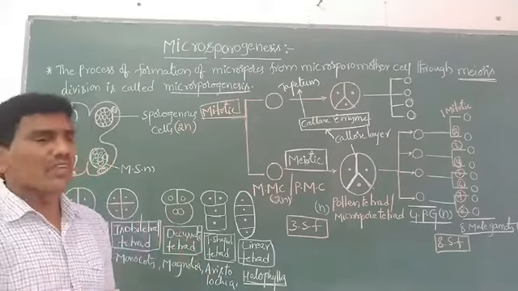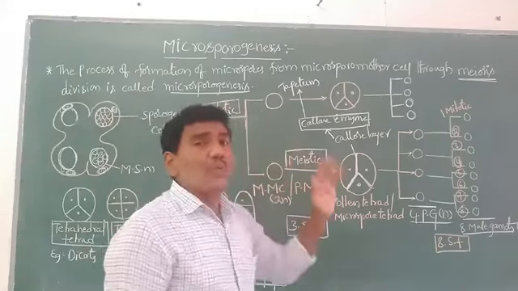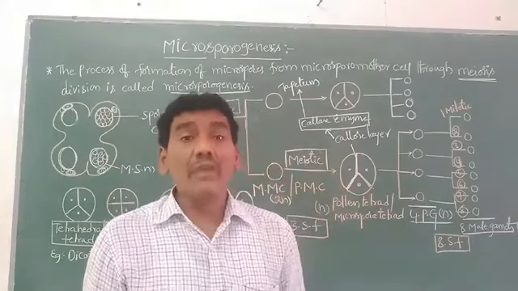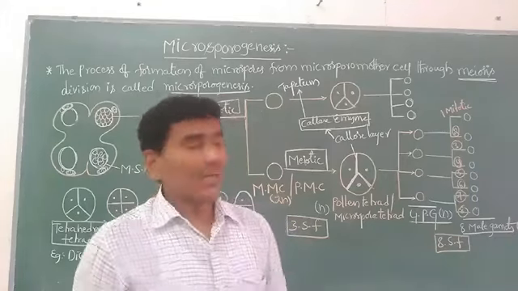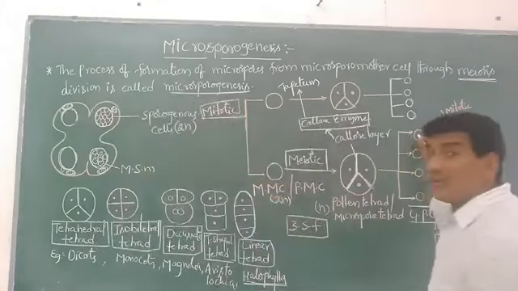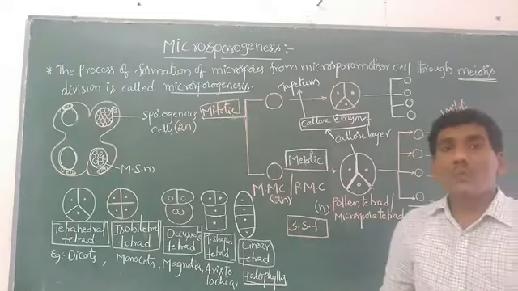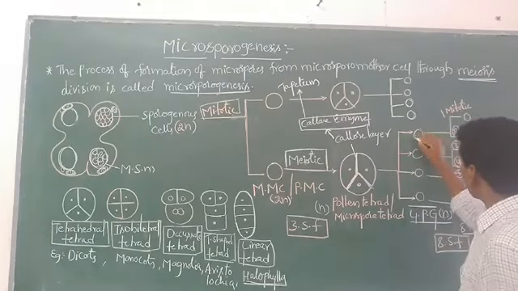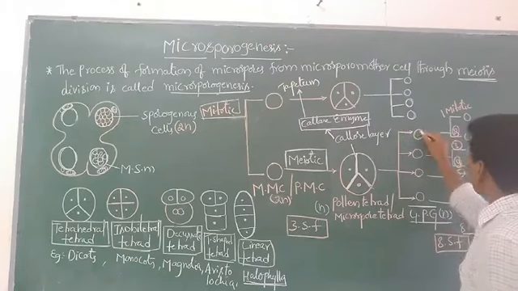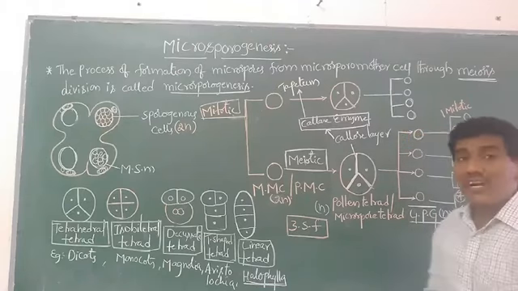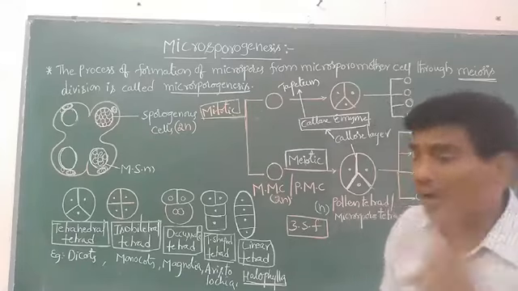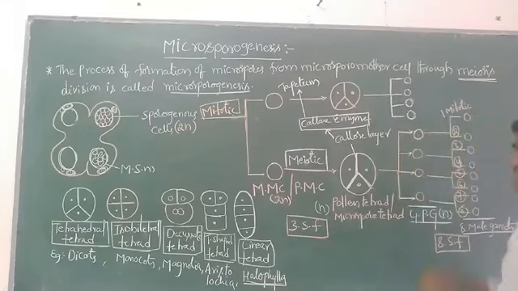Next, from the pollen grain, how do the male gametes develop? Totally, how many pollen grains are developed? Four pollen grains are developed. Here is one pollen grain. The pollen grain undergoes two mitotic divisions to form two male gametes.